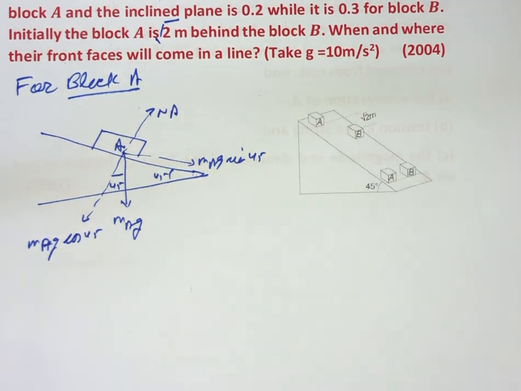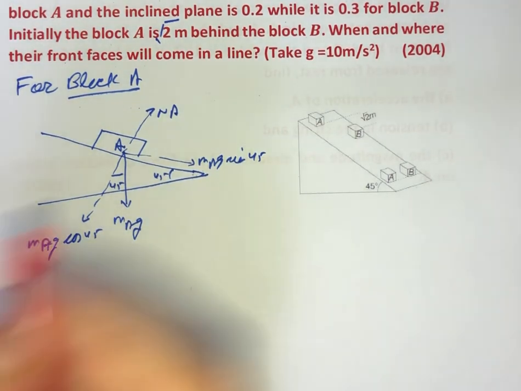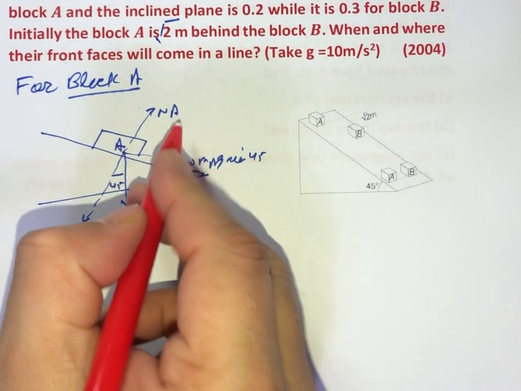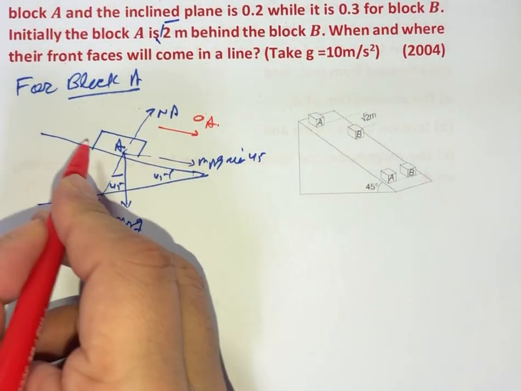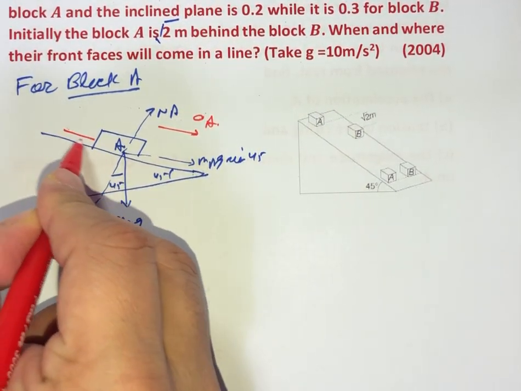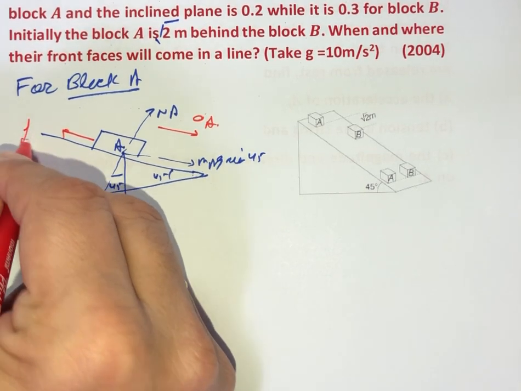We assume that it is moving down the inclined plane with acceleration AA. So the friction will be acting upward. Let us suppose that is FRA.